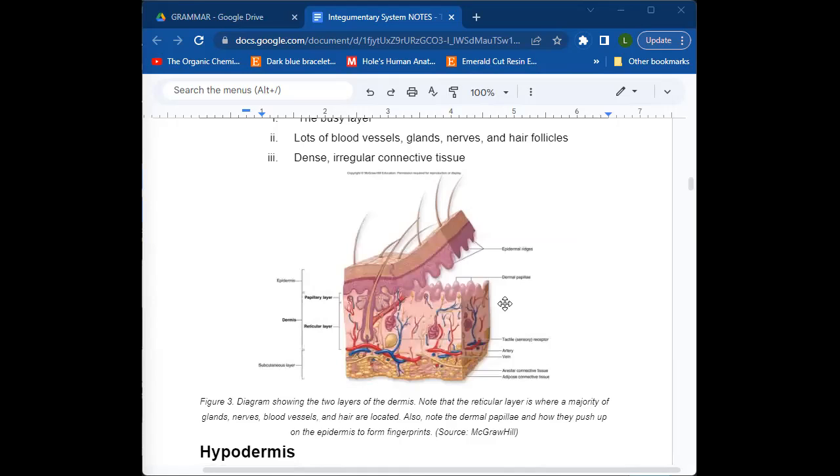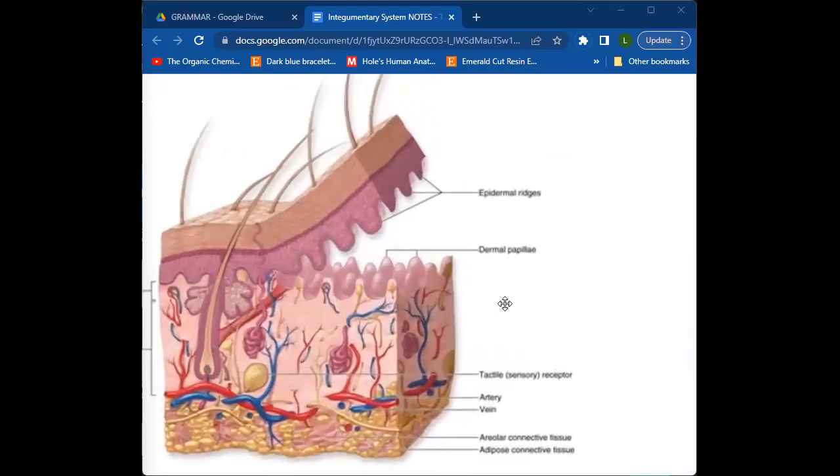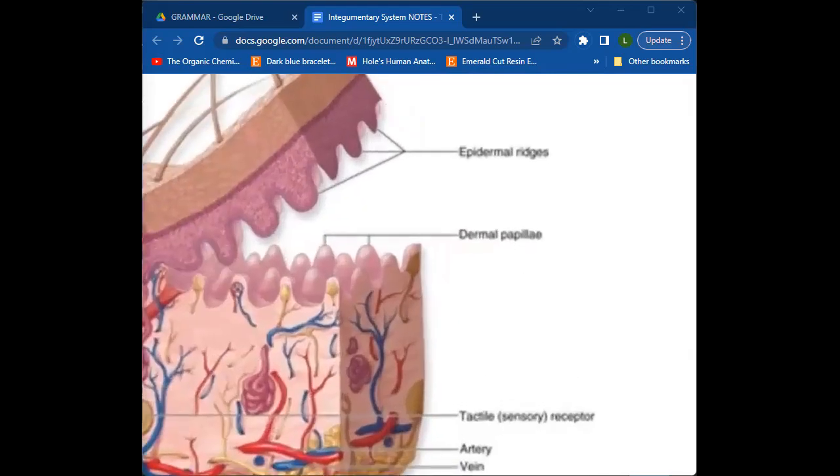And the dermal papillae create fingerprints. So that's the main thing to remember about the dermal papillae: they create fingerprints.